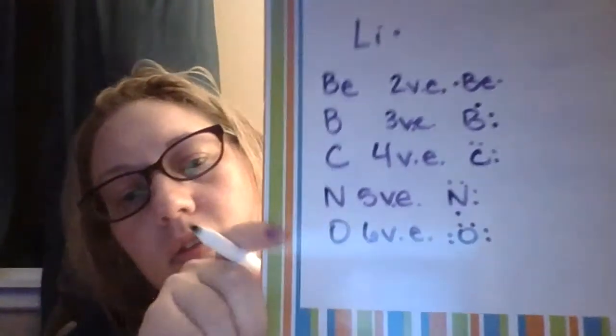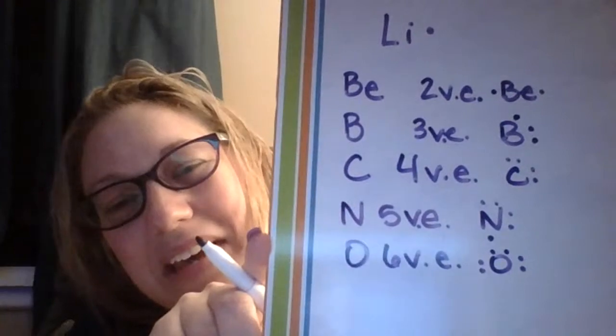And the next one is oxygen, and it has 6 valence electrons, and we have 2 dots on 2 sides and 1 dot on 2 sides. The next one is fluorine, and it has 7 valence electrons, and fluorine gets dots on every side, but one side only has 1 dot.